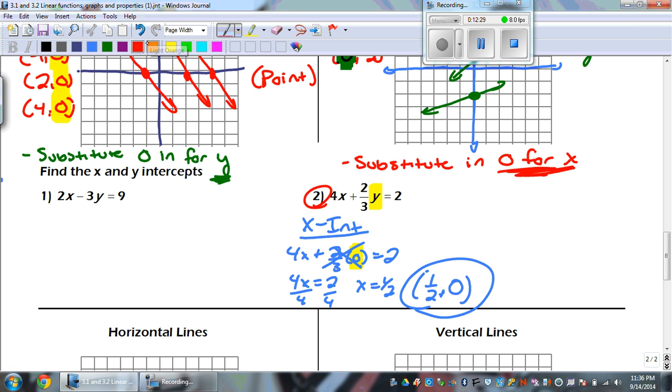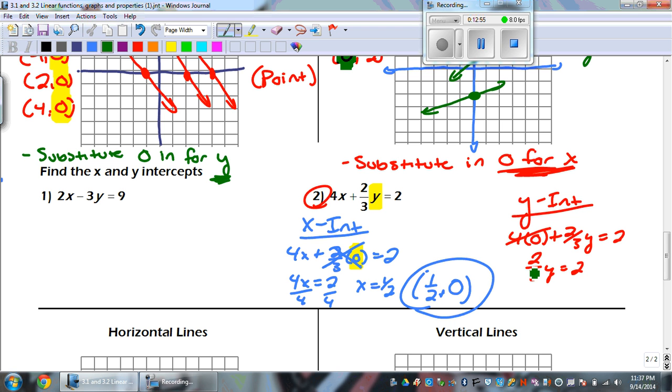Okay. Now let's slide over and do the y-intercept. If I have to do the y-intercept, I'm going to put in 0 for x. So 4 times x, or 4 times 0, plus 2/3 y equals 2. Okay, in this case, 4 times 0 is 0. So you have 2/3 y equals 2.